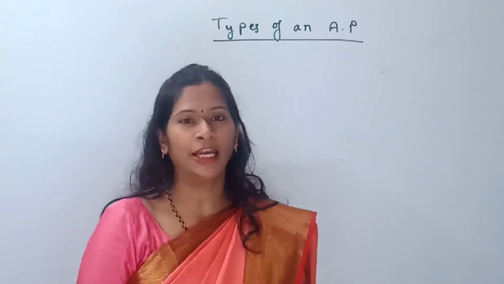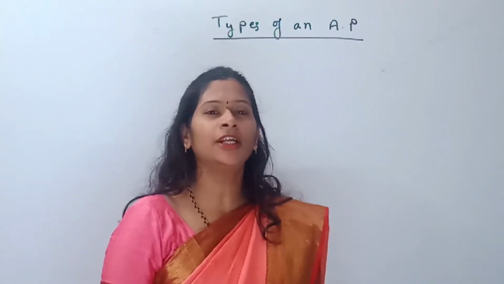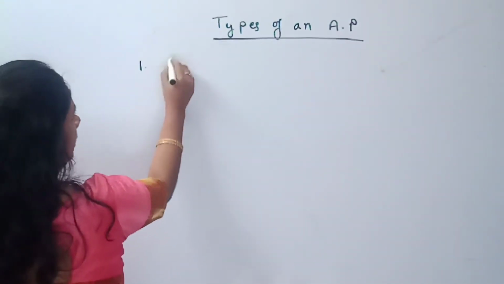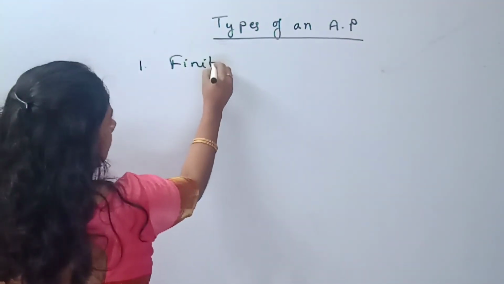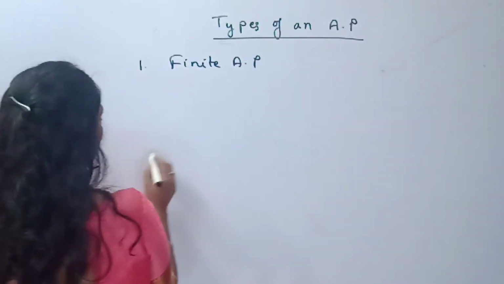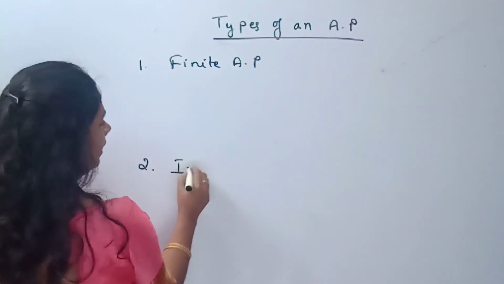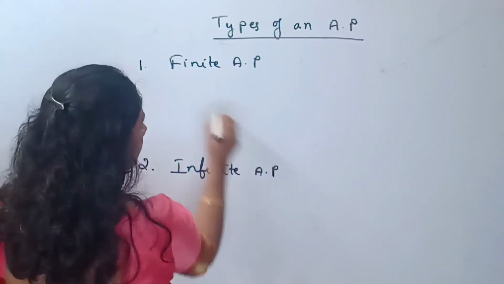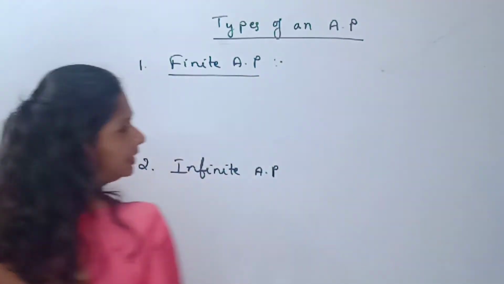Now let us learn the types of an AP. There are two types of an AP, children. The first one is finite AP and the second one is infinite AP. What do you mean by finite AP?